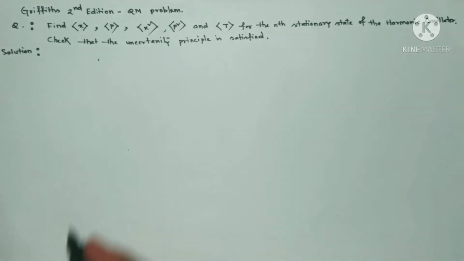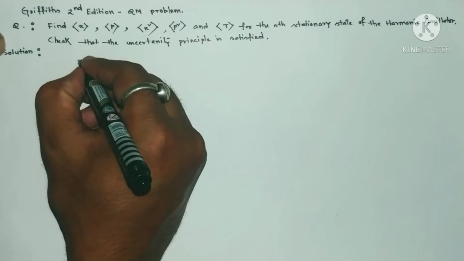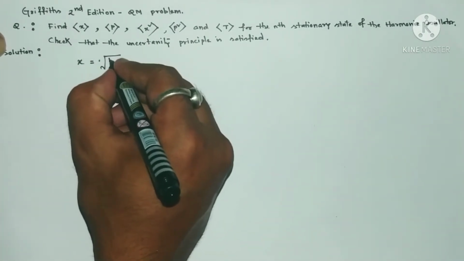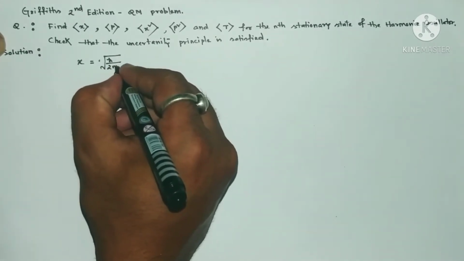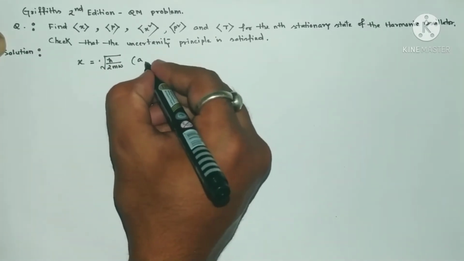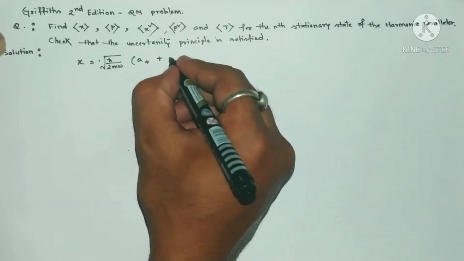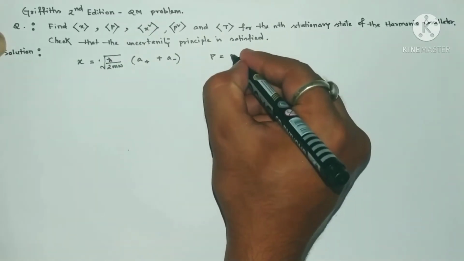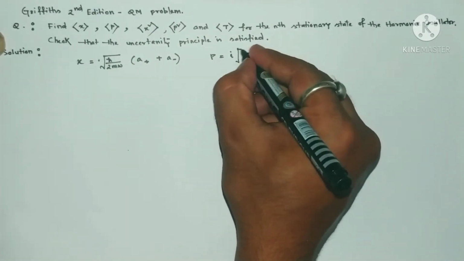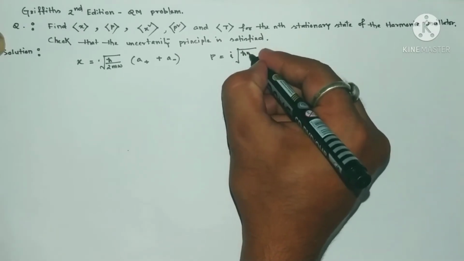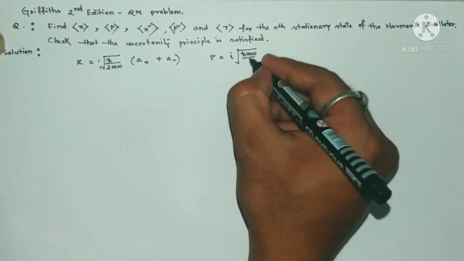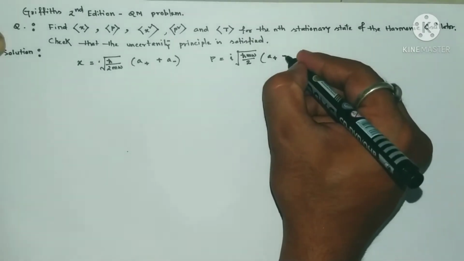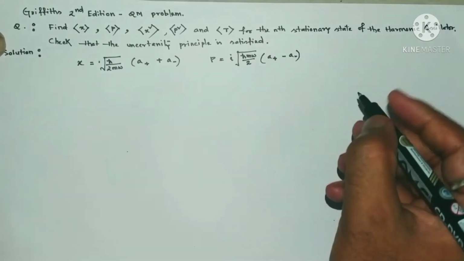So first of all, x for the harmonic oscillator, in operator form, we have root of h cross by 2 m omega times (a plus + a minus), and for momentum we have i under root h cross m omega by 2, and we have here (a plus - a minus).